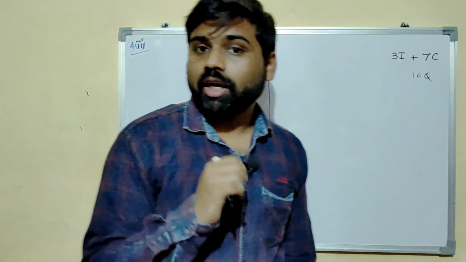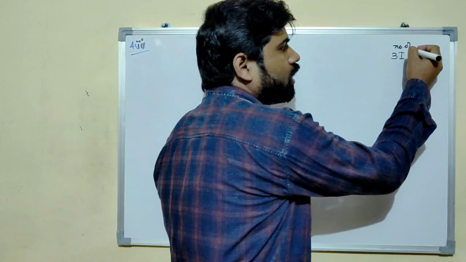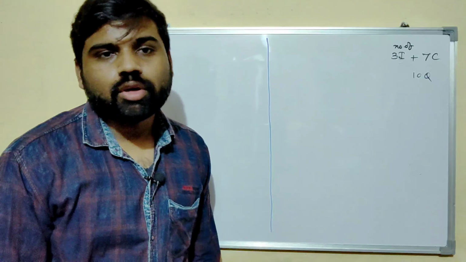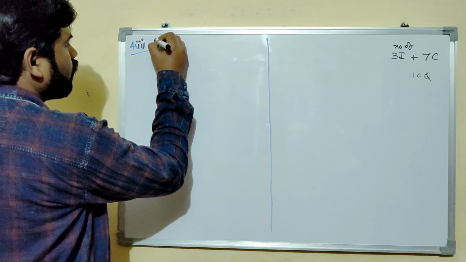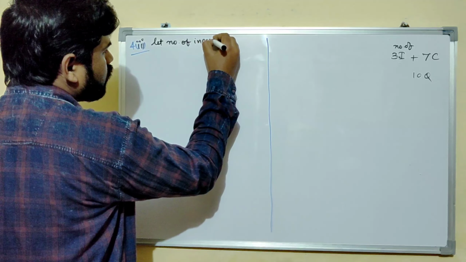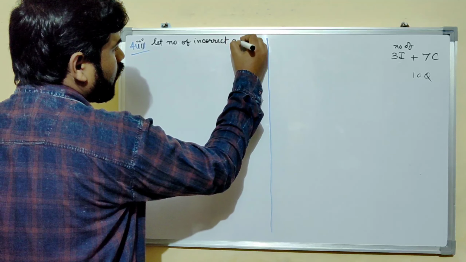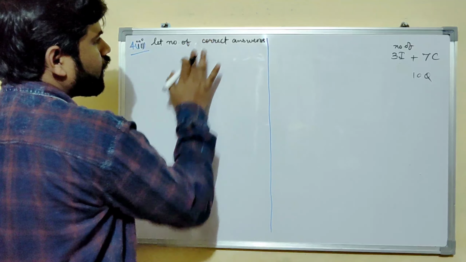That means you have understood the gist of this question. You have to assume the number of incorrect answers and the number of correct answers, right? So let us assume that. First of all let us assume the correct answers.